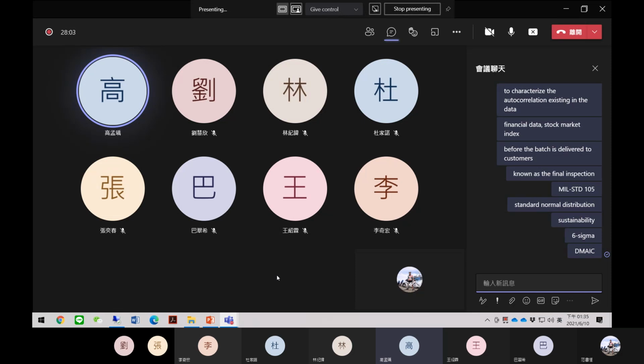It means that in 1 million products, we can only have 3.4 defective products. Six Sigma is equal to 3.4 defects per million, subject to a 1.5 standard deviation shift, right? Yes.